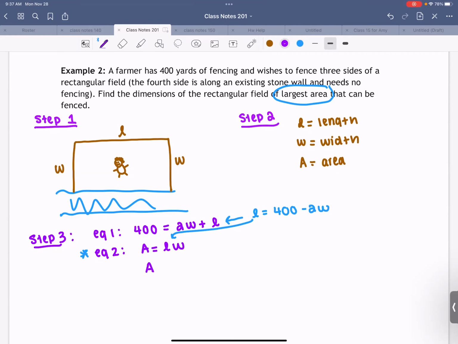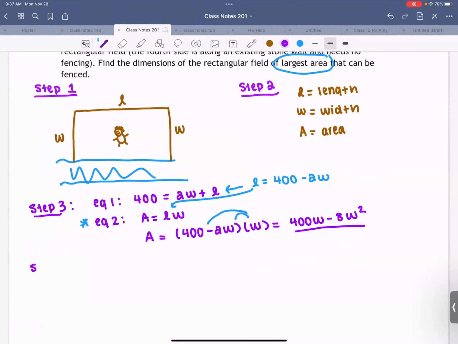So A becomes equal to 400 minus 2W times W. And multiplying the W over, we get 400W minus 2W squared. That's the function that we want to maximize. So this is our original function. All right, going on to step 4.